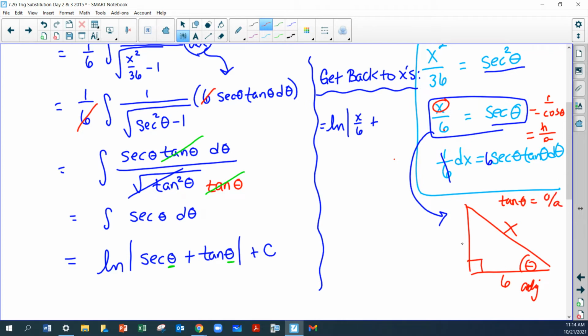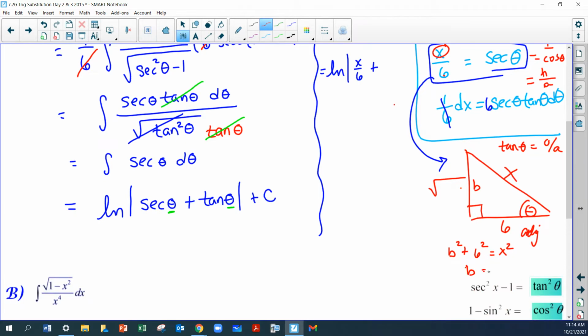So it looks like I need opposite. Pythagorean theorem comes into play. I'm going to call this side b. b squared plus 6 squared equals x squared.